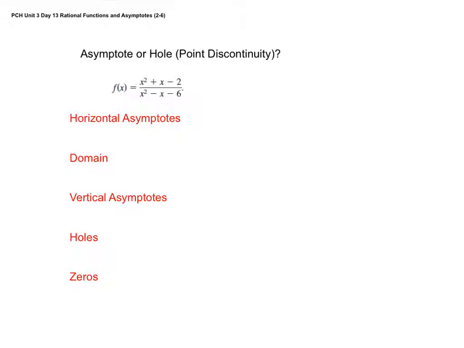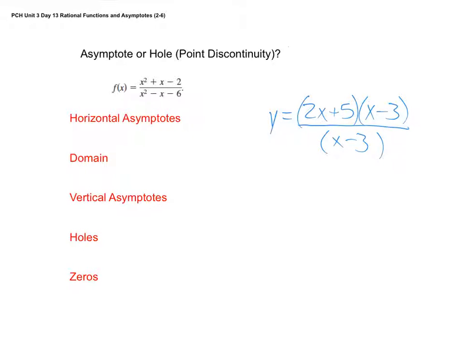Because if you think about it, let's ignore this function for a second. If I had a line y equals 2x plus 5, that's just a line. However, let's say I multiplied this by some value of 1, and I happen to make the 1 (x minus 3) over (x minus 3).